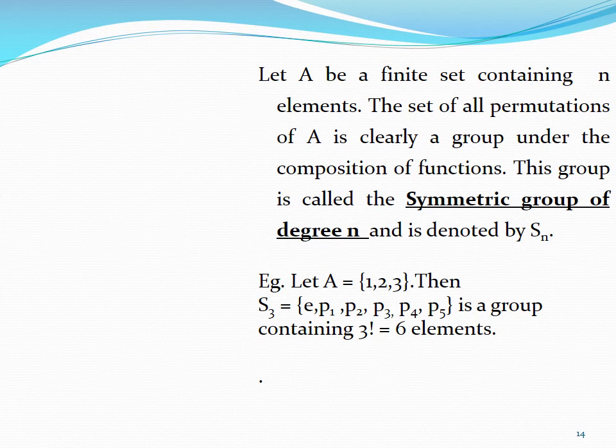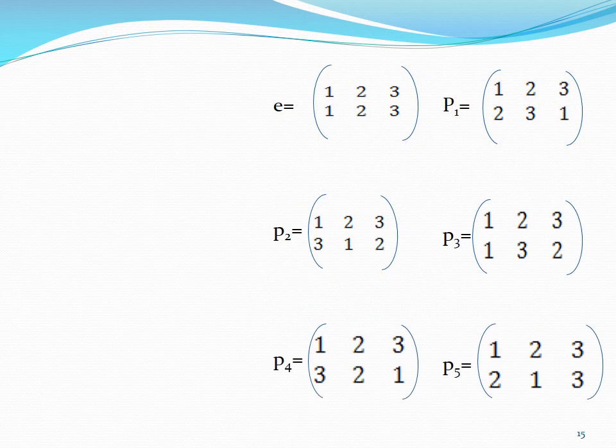Example: A equal to {1, 2, 3}, then S3 equals the set of elements e, P1, P2, P3, P4 and P5, a group containing 3 factorial elements, that is 6 elements. Here e is the identity permutation: the elements 1, 2, 3 have images 1, 2, 3.